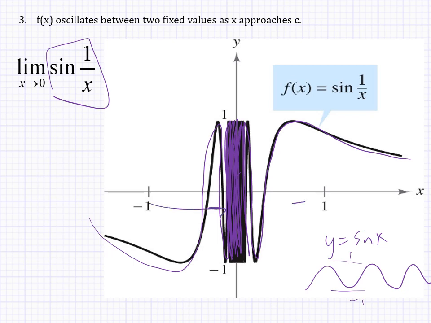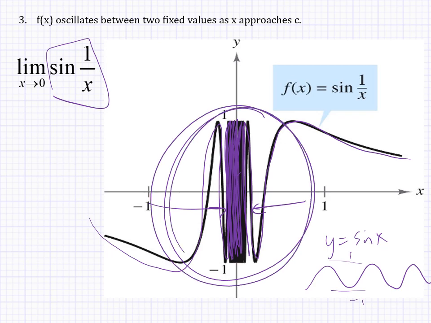And so the idea here is if I look at this function and try and figure out as I get close to 0, even if I were to zoom in on this section 10,000 times, this graph wouldn't really look that different. It'll oscillate faster and faster as I go towards this middle where 0 is sitting. And so I can't determine whether there's a single finite value that my y value is approaching, because it'll jump up to here and jump down to here and take all the values in between.